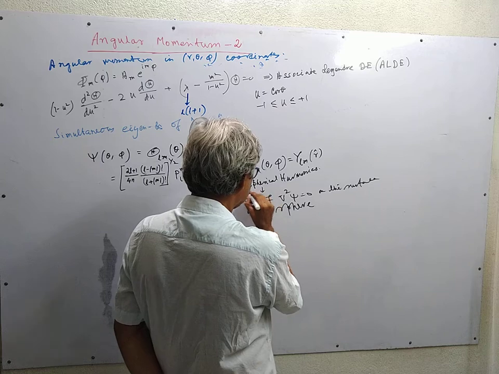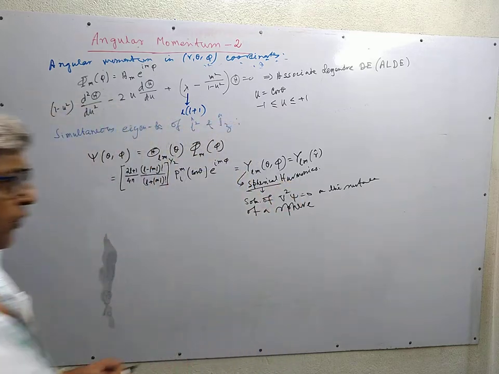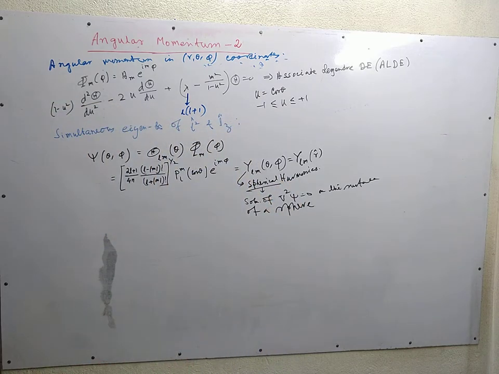That's why the word spherical harmonics. If you recall the Laplace's equation in polar coordinates, if you solve it and want the solution on the circumference of a circle, then we get the circular harmonics. In that sense, spherical harmonic is the solution of Laplace's equation on the surface of a sphere.